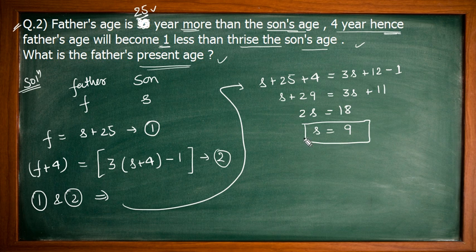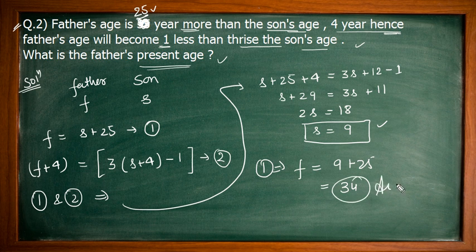Okay, so you have found the value of s, and the son's age will be 9. Putting it in equation 1, the father's age will be 9 plus 25, which is 34. That is the age of your father.